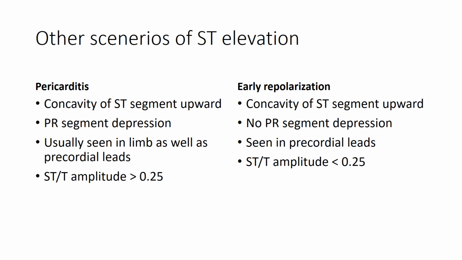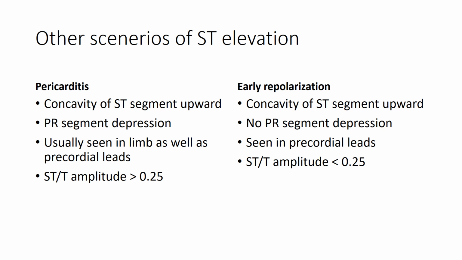Important to mention is that ST segment elevation does not always necessarily indicate a myocardial infarction. There are some other scenarios in which there can be ST segment elevation, and the important ones are pericarditis as well as early repolarization. Both of these entities have ST segment elevation with its concavity upward.